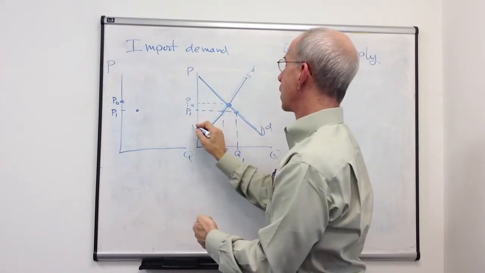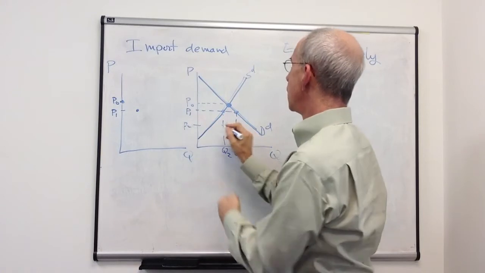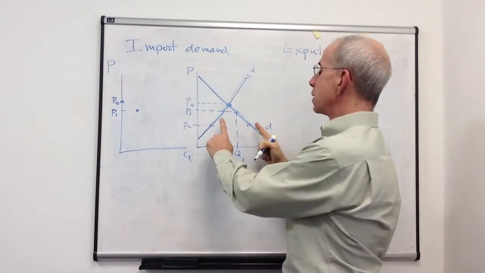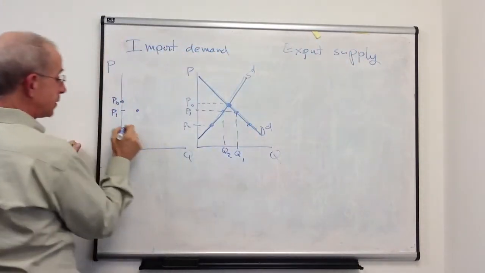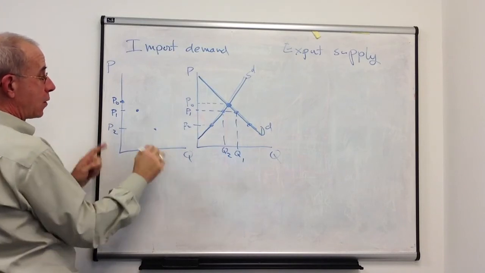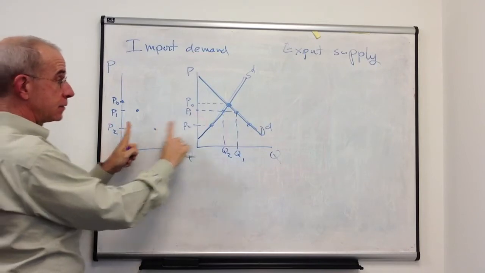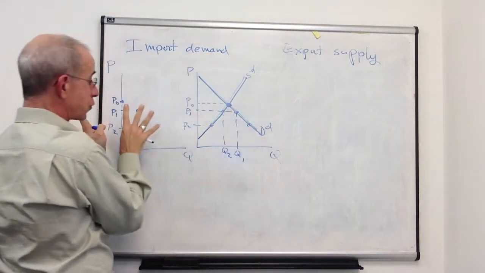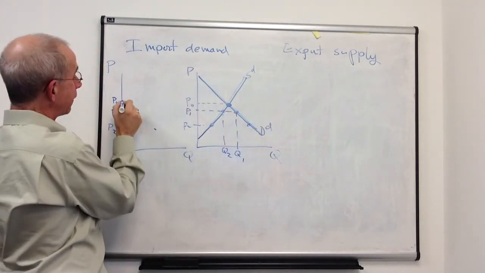If the price goes down to, say, P2, then we're going to demand this amount from the country. So if we bring back P2 over here, we now have a new amount. And this distance is equal to that distance. So this is translating this information into this graph.